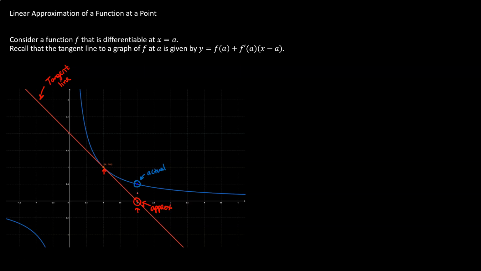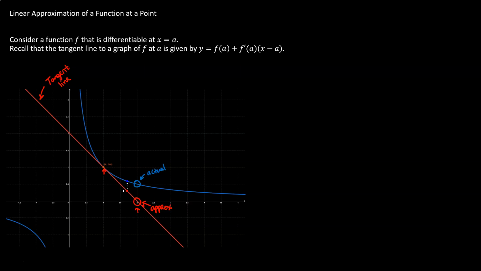Now, because we're far away from the known value at x equals a, these 2 points are pretty far apart from each other. But if we were to come closer to that gold point, we would see that the actual and approximate, they're much closer to each other.